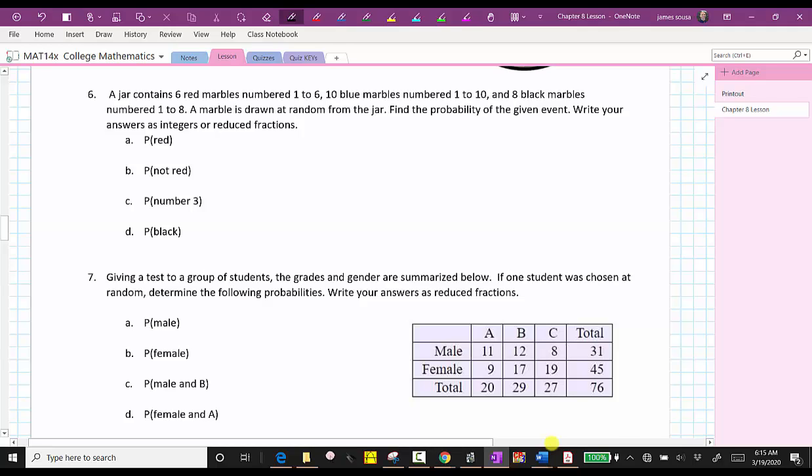A jar contains 6 red marbles numbered 1 through 6, 10 blue marbles numbered 1 through 10, and 8 black marbles numbered 1 through 8. Let's go ahead and model the sample space on the right. So there are 6 red marbles numbered 1 through 6. There are 10 blue marbles numbered 1 through 10.